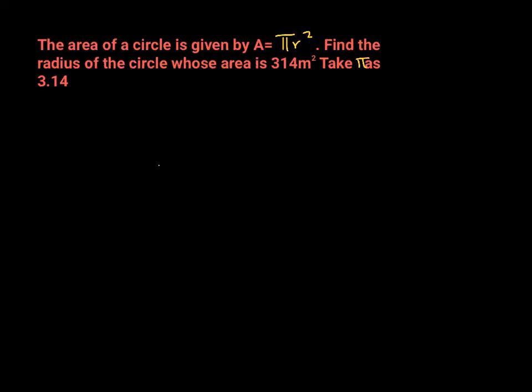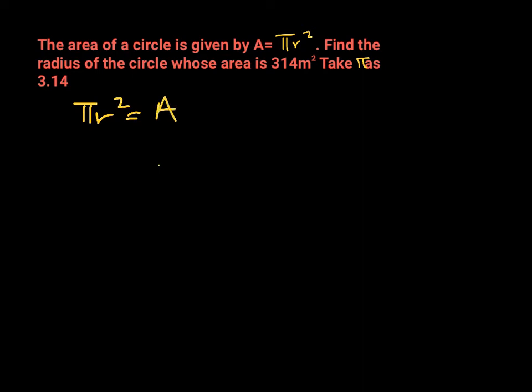The area of a circle is given by the formula A is equal to pi r squared. Find the radius of the circle whose area is 314 meters squared. Take pi as 3.14. We want to find the radius, so first we make the radius the subject of the formula. We know that pi r squared is equal to the area.